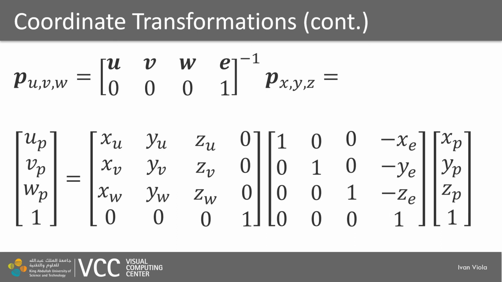So here is the inverse, and we can see that the order of the two matrices, rotation and translation, is exchanged, and we now have the transposed matrix instead of the original matrix with the U, V and W column vectors.